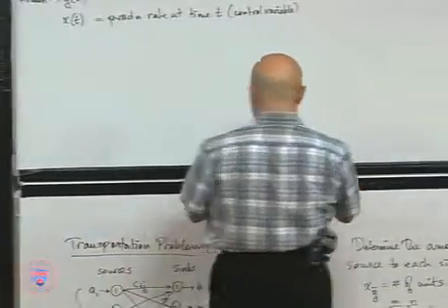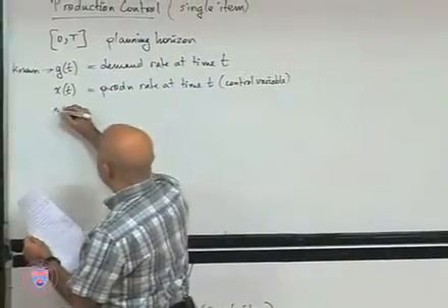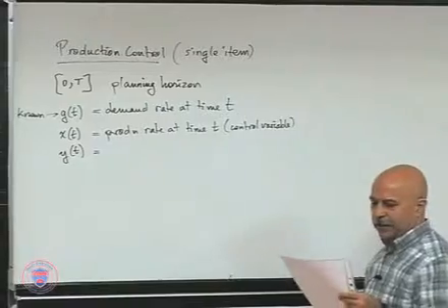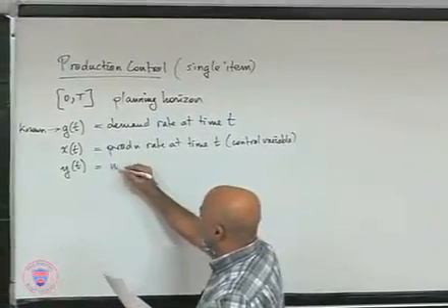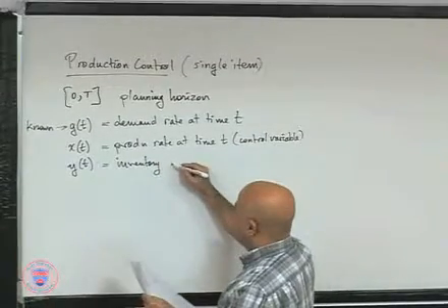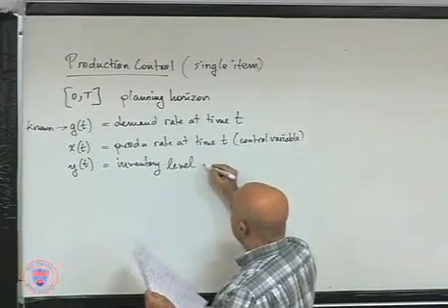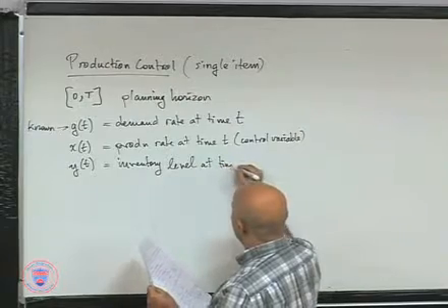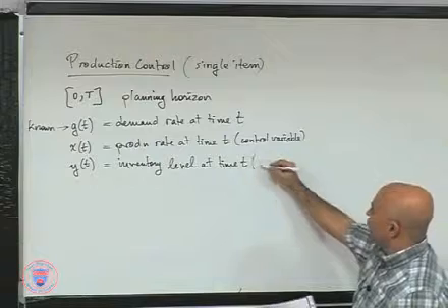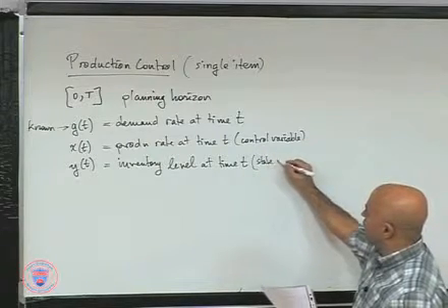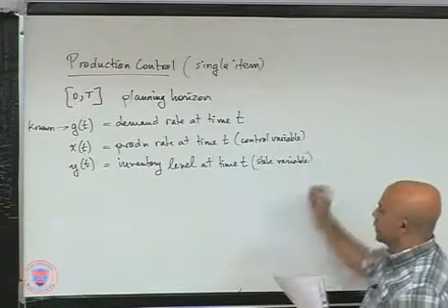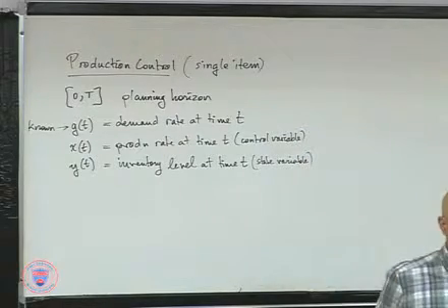y of t is a dependent variable. This is the inventory level at time t for the product under consideration. So x is your control variable, and y is your state variable. This is what you want to keep under control, in other words, not too much fluctuation.